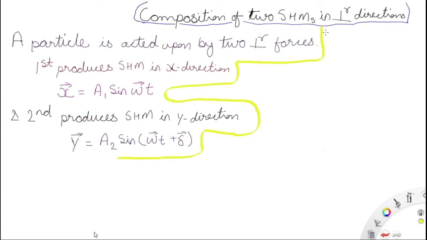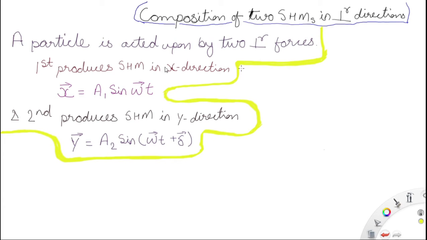So first one is the case when a particle is acted on by force F1 which produces displacement x. Because there are two forces F1 and F2 perpendicular to each other, one is Fx and another one is Fy.